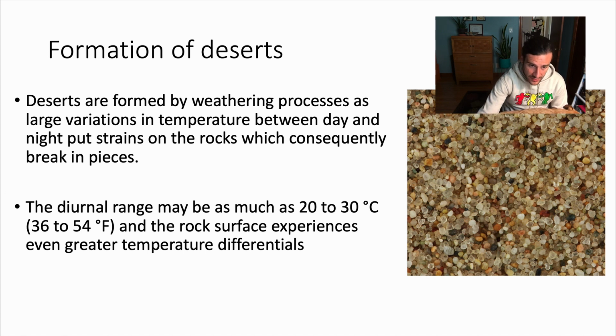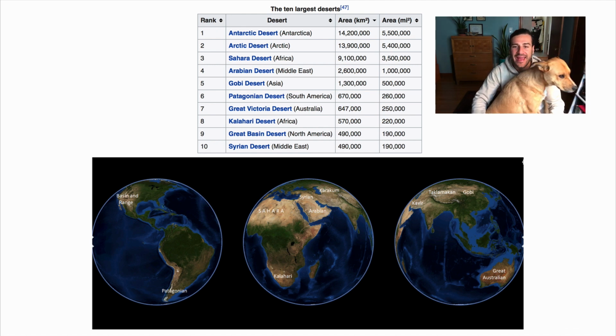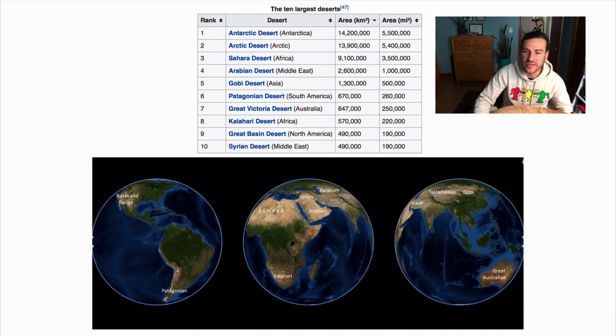Right? This next slide shows all of the 10 largest deserts on the planet. You have the Antarctic desert, which is just absolutely massive, over 5 million square miles. The Arctic desert is again over 5 million square miles.